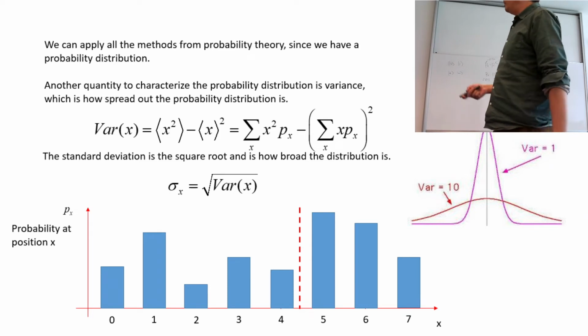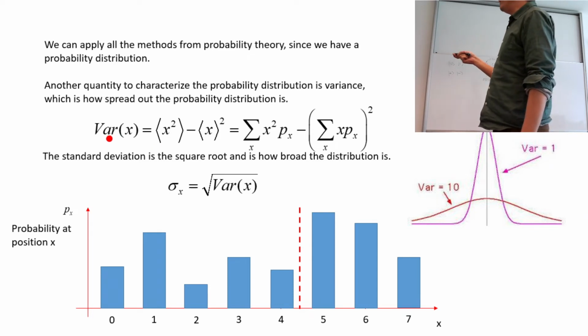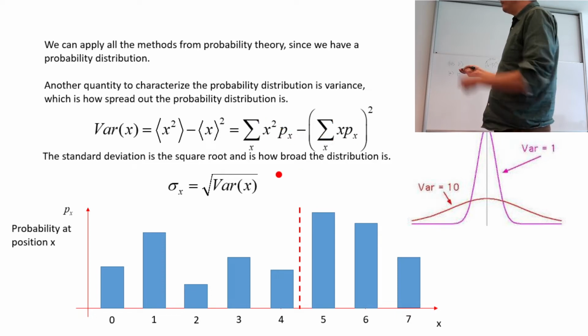So, next simplest thing is to calculate the variance. In this case, for example, here's the position. You calculate the position squared average minus the square of the average position. Here's the probability, x squared minus this, which is the average.